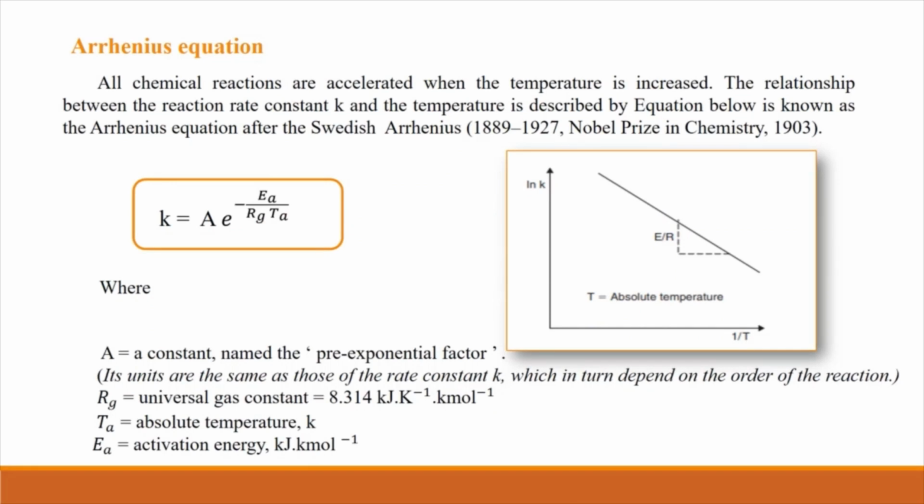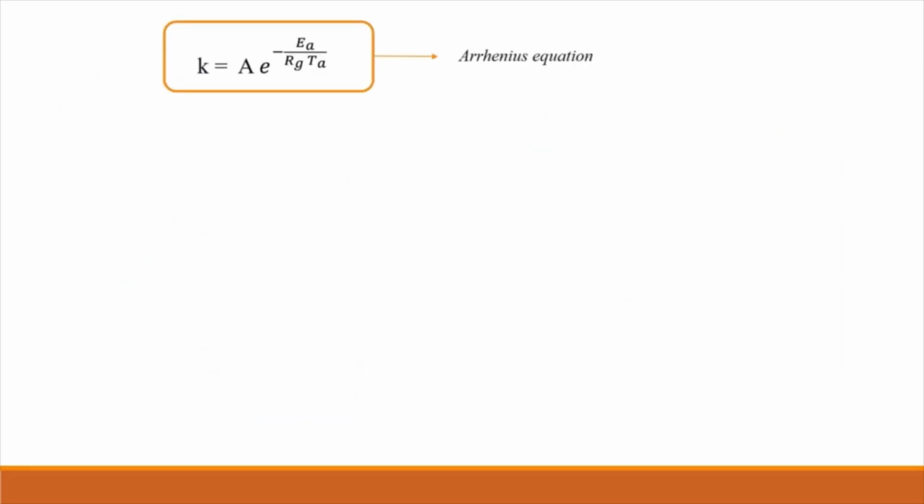Let us derive the formula for Z value in terms of activation energy and universal gas constant R. We know the Arrhenius equation K equal to A into e to the power minus EA by Rg into Ta.